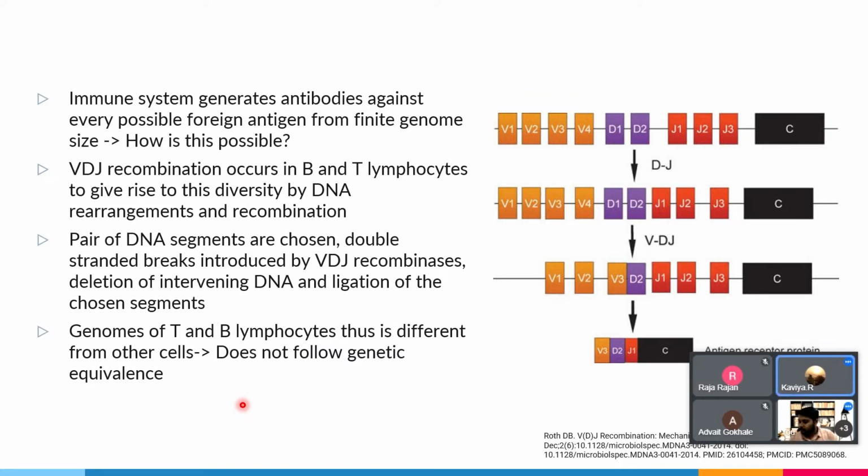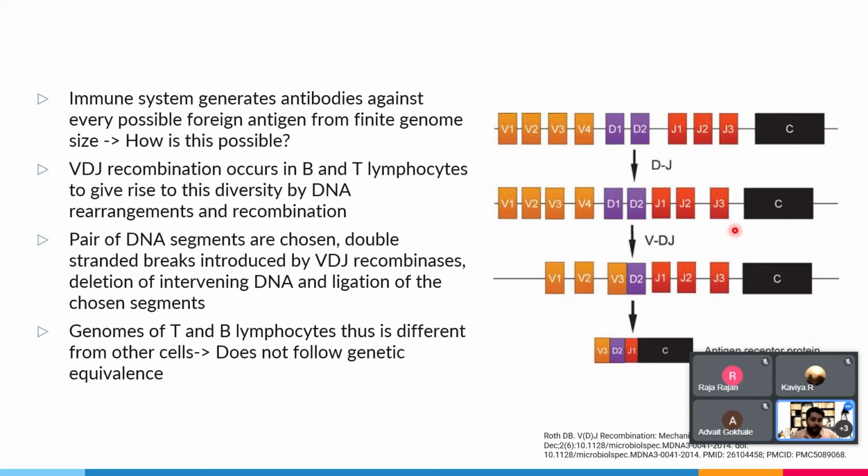Okay, sir. Yeah, maybe going through this or reading up once will help you understand, because this is a bit complicated. But essentially, say we have 100 possibilities of variable region, 50 diversity regions, and 30 junction regions.